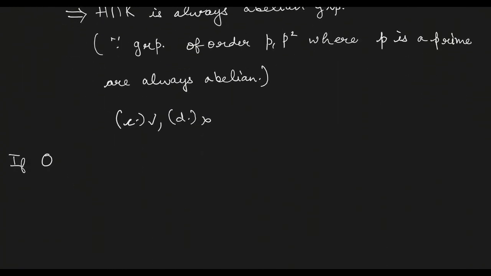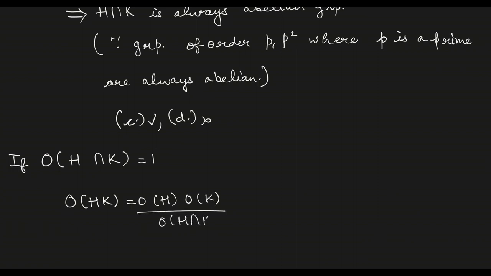If the order of H intersection K is 1, then we know this formula: order of HK is equal to order of H into order of K divided by order of H intersection K. So order of HK is equal to 12 into 16, and the order of H intersection K is 1.